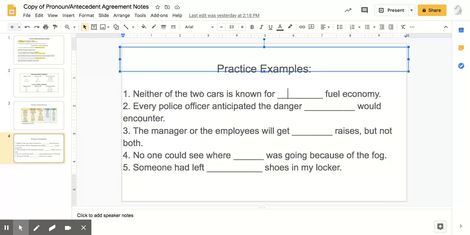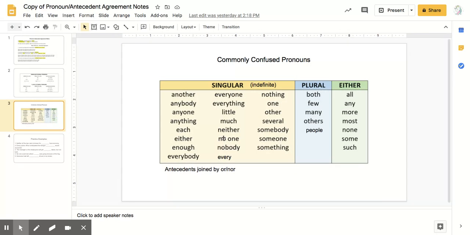It looks like our antecedent is cars, but actually our antecedent is neither. So this is the word I want you looking at right here when you're trying to figure out what my pronoun is. This is referring to either one car or the other, so it is considered singular. If you look back on slide 3, you should see the word neither right here, and that means it's singular.